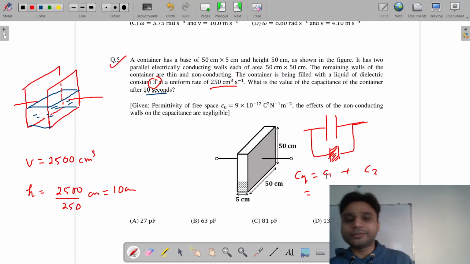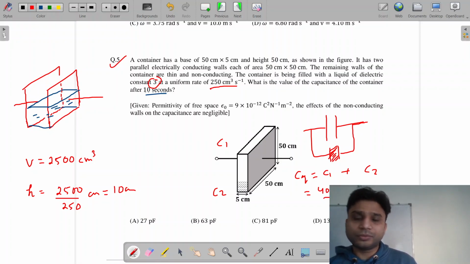So what would the value of capacitance C1 be? Let's say the upper one is C1 and the lower one is C2. Its value would be the area of the capacitor, 40 into 50, divided by the distance between the plates, into epsilon naught, plus the capacitance of the second capacitor, which would be 10 into 50 divided by 5 into 3 epsilon naught, because the dielectric constant for the fluid is 3.